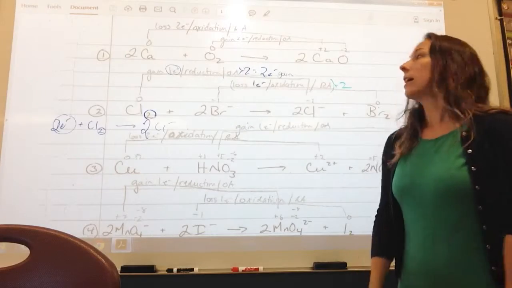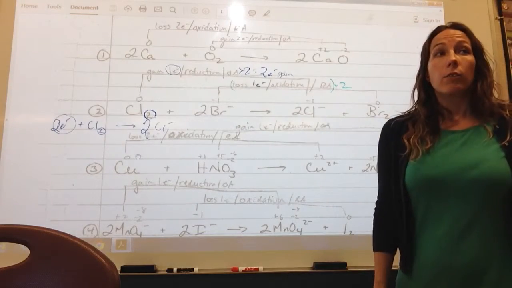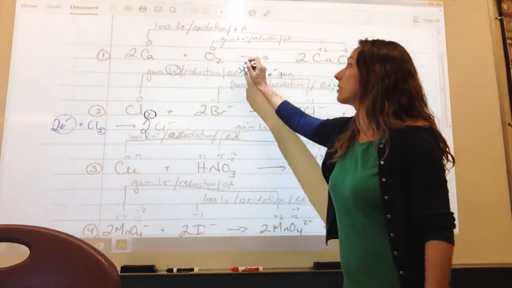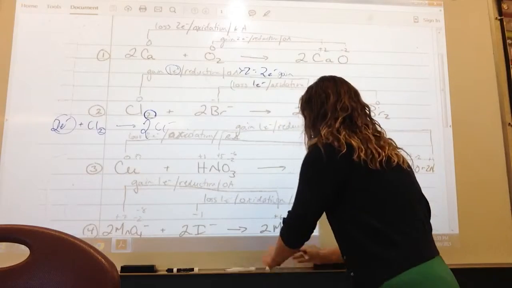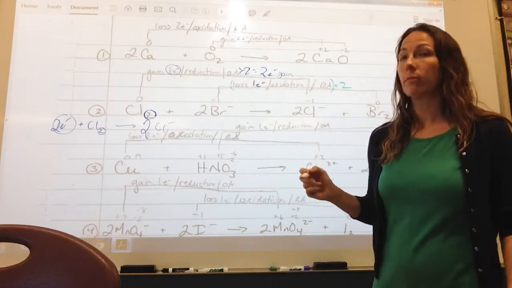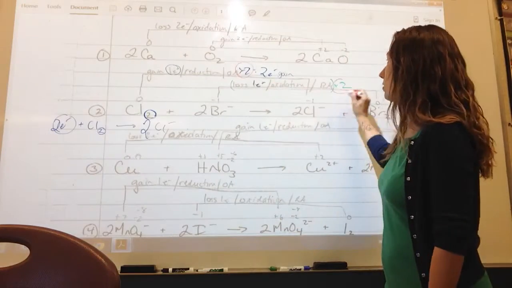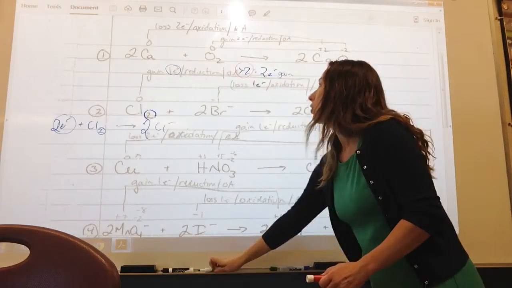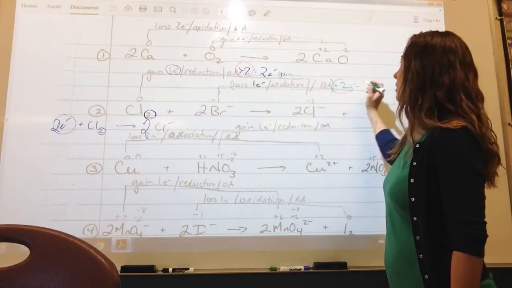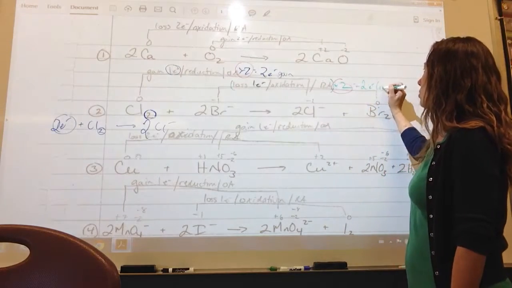And then the next thing you have to do is take these multiplication numbers and bring them down. So take your timeses. Here's the times and here's the times. So I have 2 electrons gained and 2 electrons lost, so those equal.